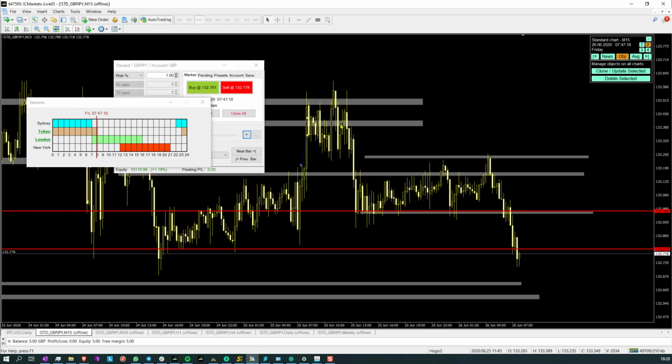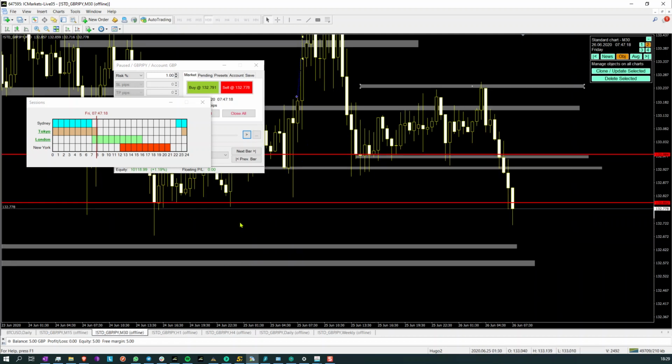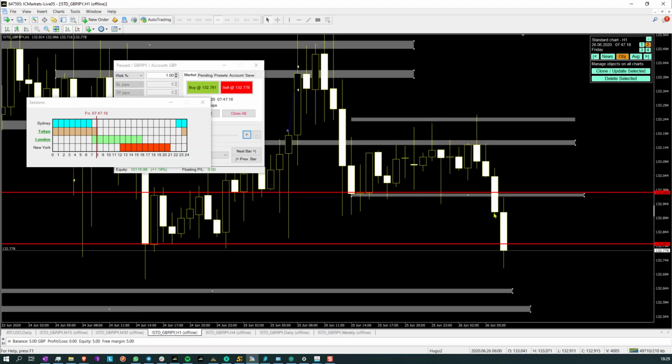It's just so ugly. So ugly. 15 minutes has closed below, but then again, this one also closed below, and look what happened after. The only trade here was this 1 hour thing, but yeah.